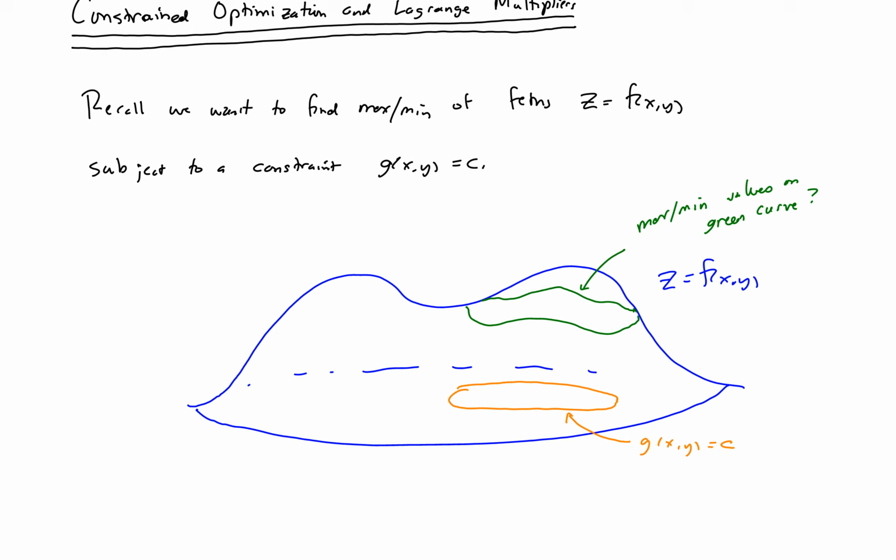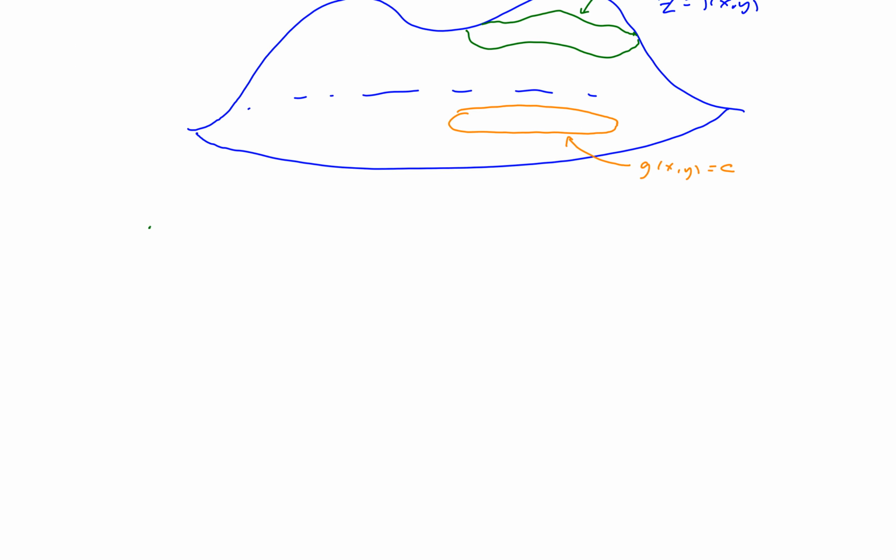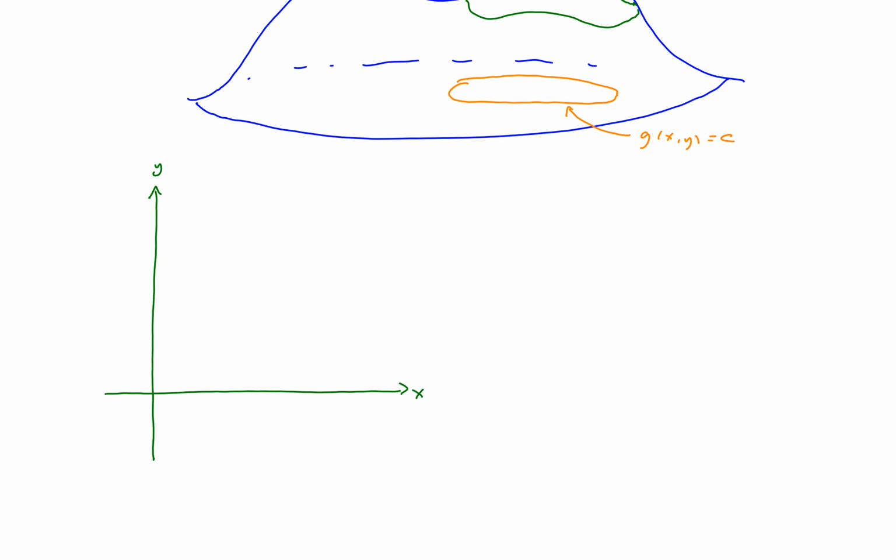We can also look at this in terms of level curves, and that's how we figured out how we would actually solve this problem. So maybe we have our constraint looking like this.